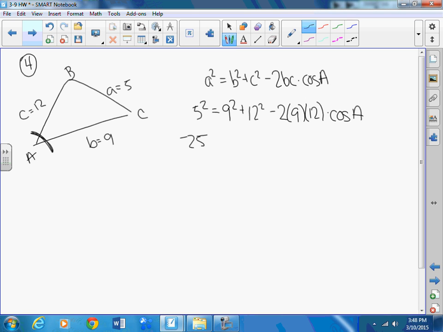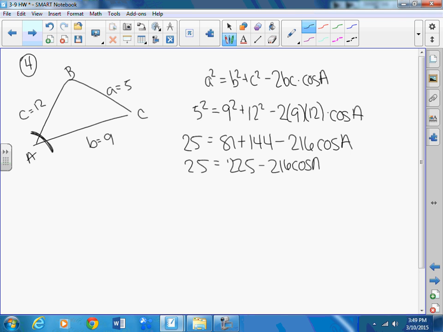So that's 25, my board's starting to get weird. 25 is equal to 81 plus 144 minus, I don't know what 2 times 9 times 12 is. 2 times 9 times 12, 216 cosine A. So 25 is equal to 81 plus 144, that's 225, minus 216 cosine A. I'm trying to find the cosine of A, so I'll subtract 225 from both sides.